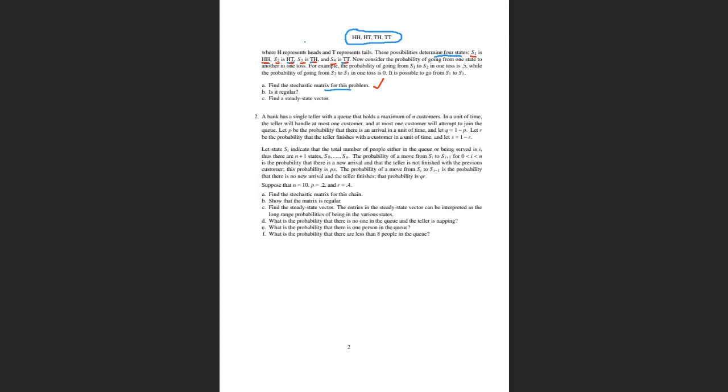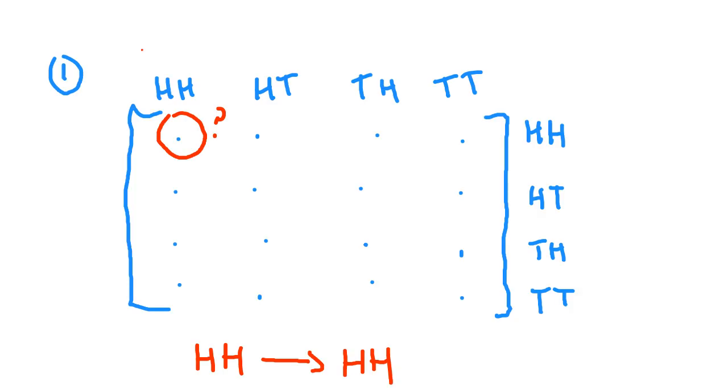So again, the previous two tosses, you have these four outcomes. Let's see how a sample transition would work. Let me go back to the whiteboard. So again, we're looking at that first entry in the top left-hand corner.